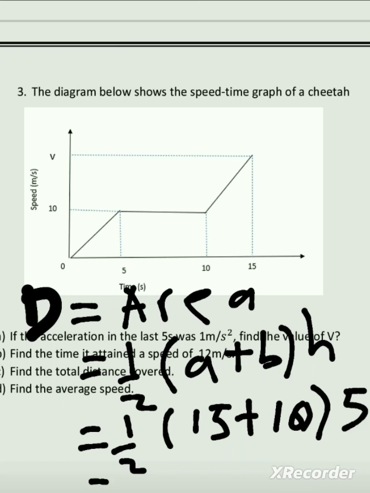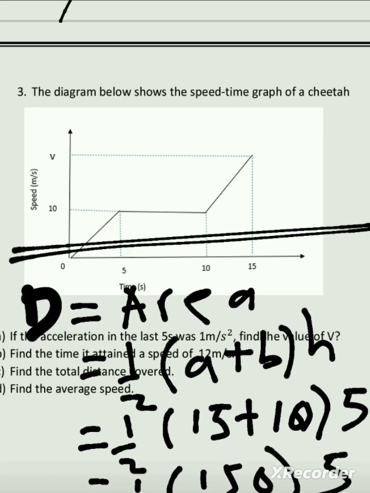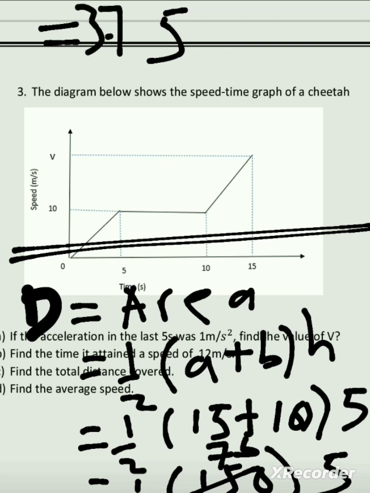So it's going to be half, 15 plus 10, it's 150 times 5. 2 into 150 is 75. So it's going to be 75 times 5. 5 times 5 is 25, 5 carry 2. 5 times 7 is 35 plus 2, 37. So it is 375.